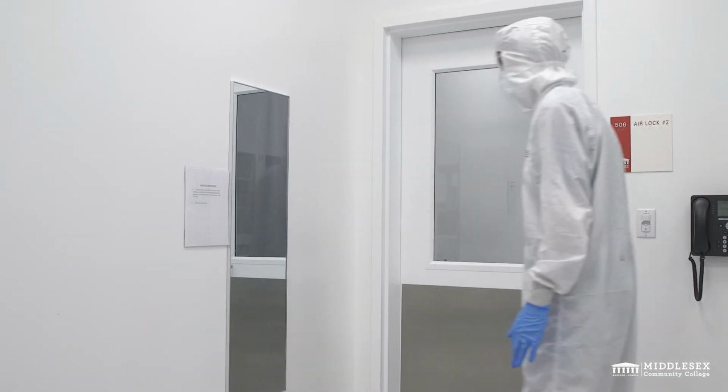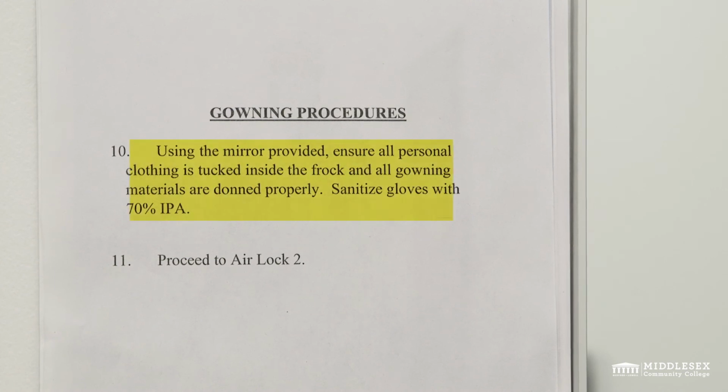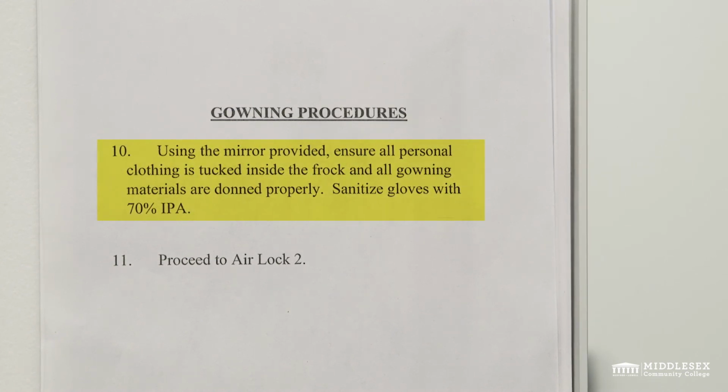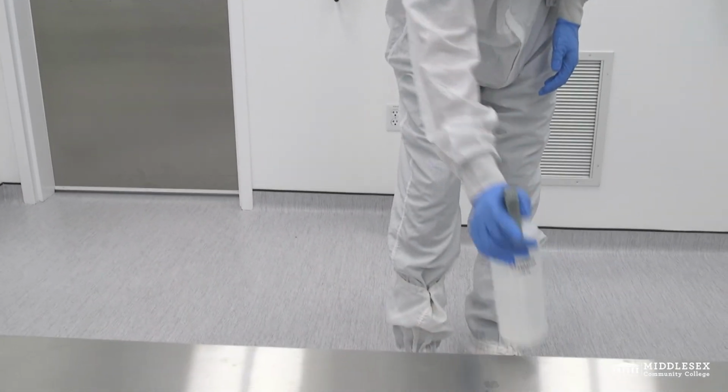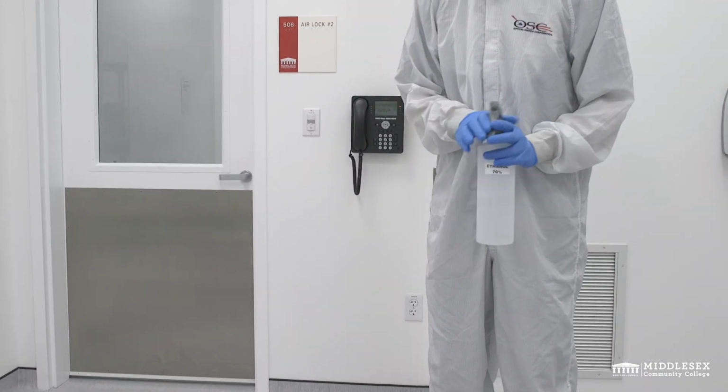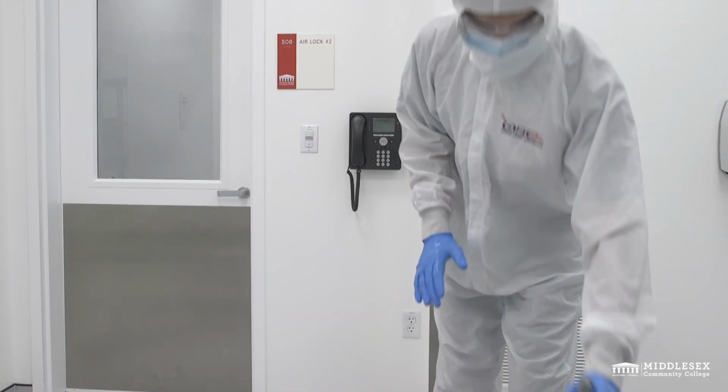Using the mirror provided, ensure all personal clothing is tucked inside the frock or coveralls and that all gowning materials are done properly. Sanitize your gloves with 70% IPA solution.